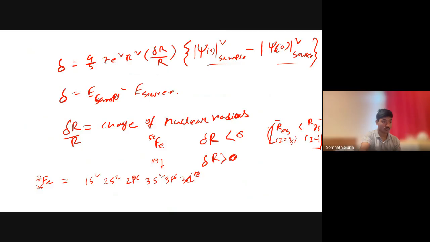Sorry, 3d8. But in atomic form, there is a chance of 3d6 and 4s2. But that is atomic form in a gaseous phase, and here it is in complex form.